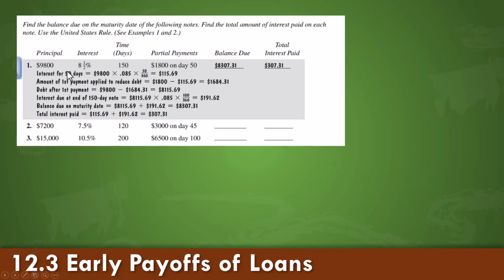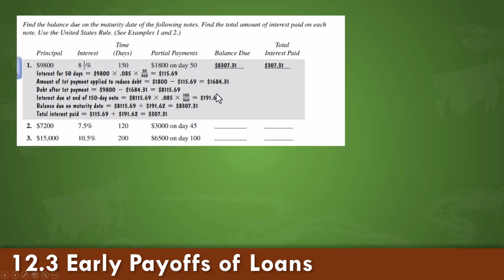This value, less our principal, will then give us the balance due. This balance due can be used to calculate, again, the interest due at the end of a 150-day note. Principal times interest times time.